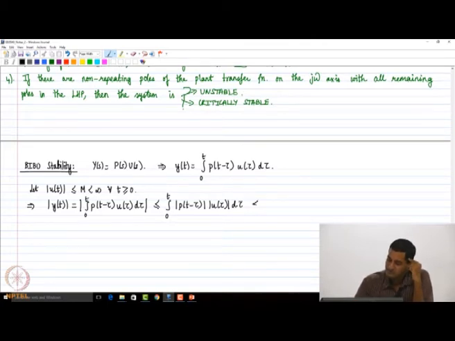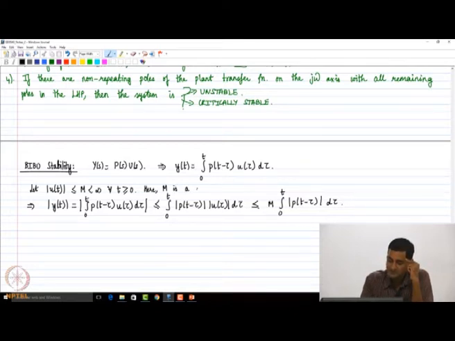Now this is going to be less than or equal to M times the integral from 0 to t of the magnitude of p(t minus tau) d tau. Do you agree? Yes, M is greater than 0. It was there in the slide, so I didn't write it, but let me write it down.